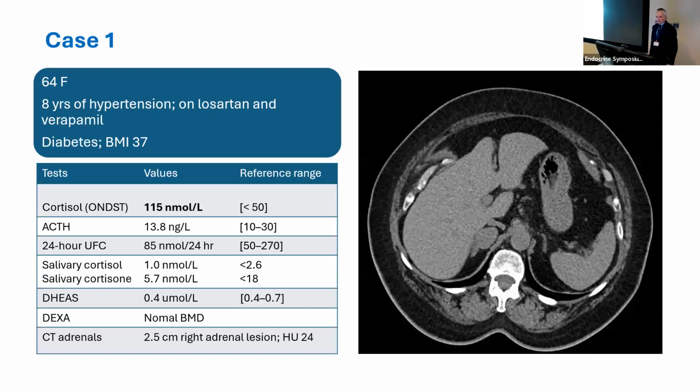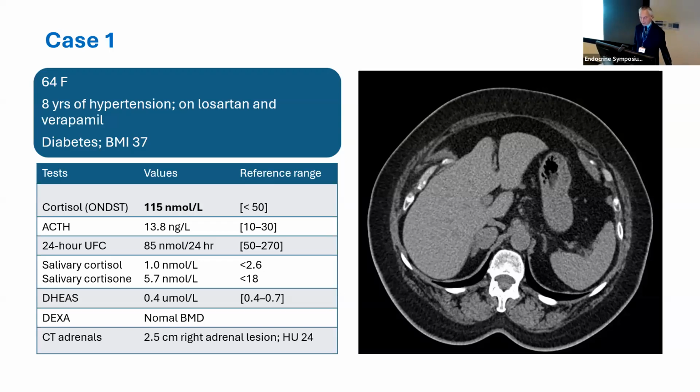So I would like to start with a case. This is a lady of 64 years of age, with an 8-year history of hypertension on two antihypertensives, losartan and verapamil. She has diabetes and an elevated body mass index. The cortisol following an overnight dexamethasone suppression test was 115 nanomoles per liter, so clearly abnormal.